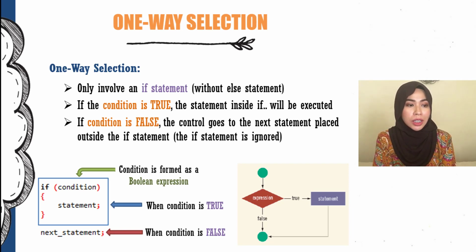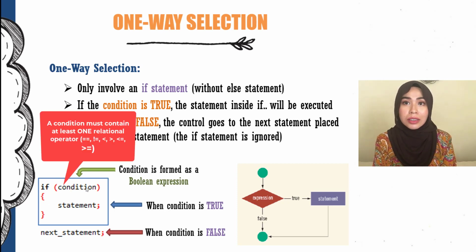So if you take a look here, whenever you want to write a selection, you must have an if statement. Inside there you will have your condition. Your condition must contain at least one relational statement, either less than, greater than, equals to, whichever symbols you want to use in order to compare two values.